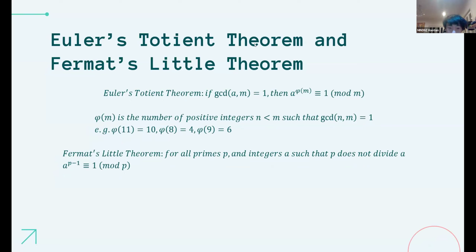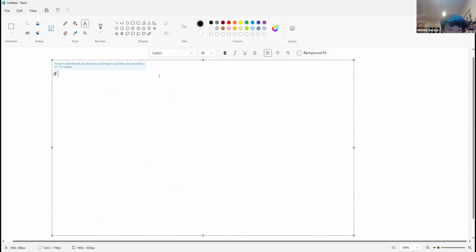Okay, hopefully that's enough time to try to prove it. So we want to prove that if p is our prime and p does not divide a, then a to the p minus 1 is congruent to 1 mod p.